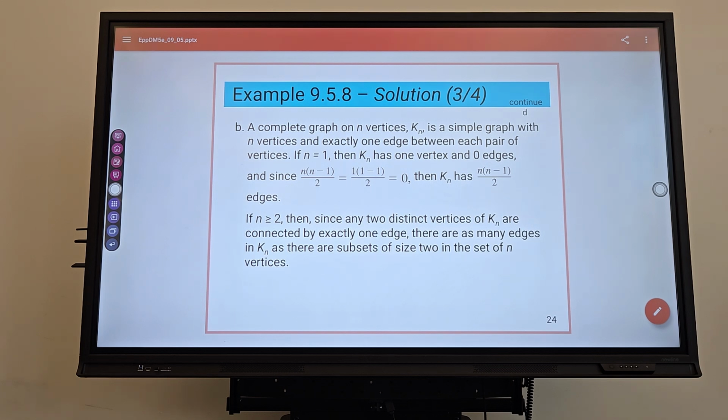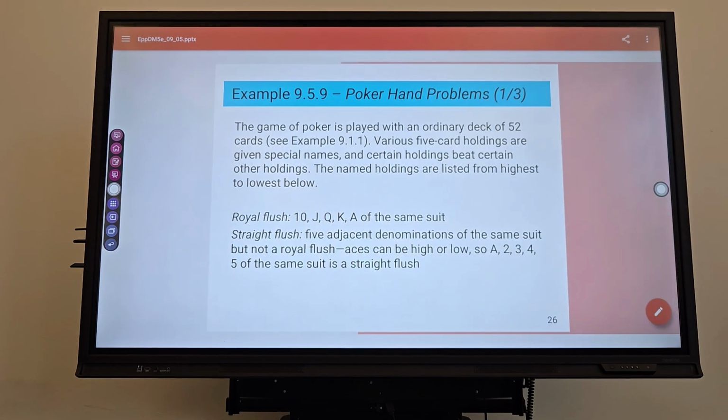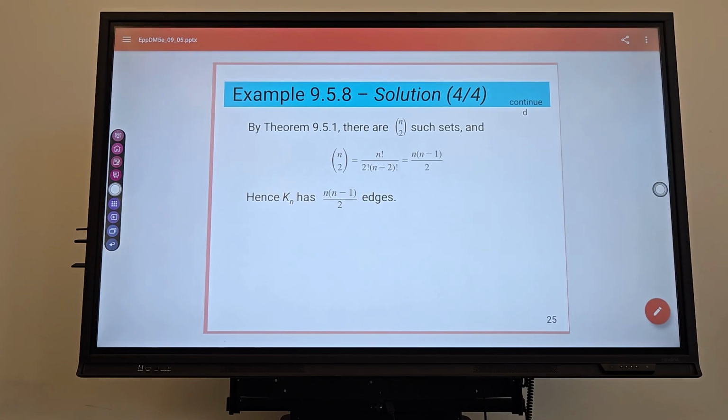If n is greater than or equal to 2, then since any two distinct vertices of K_n are connected by exactly one edge, there are as many edges in K_n as there are subsets of size 2 in the set of n vertices. By theorem 9.5.1, there are n choose 2 such sets.